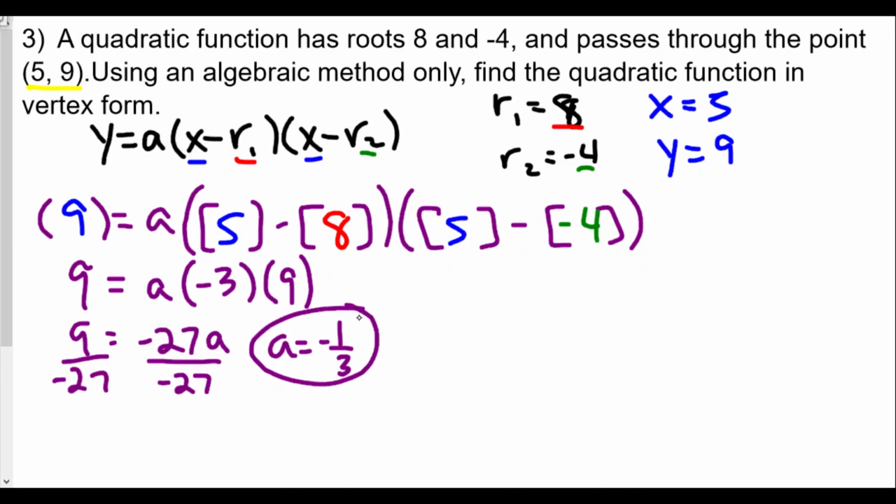Okay, so fantastic. Now, how does it help us? Well, it gives us an opportunity to find the quadratic function, because now we'll just use the root form, leaving x and y as x and y.